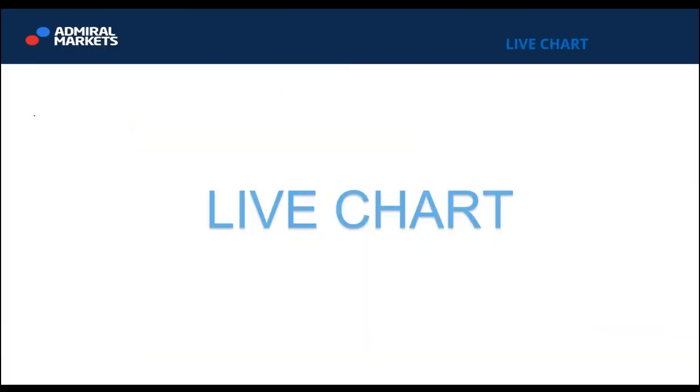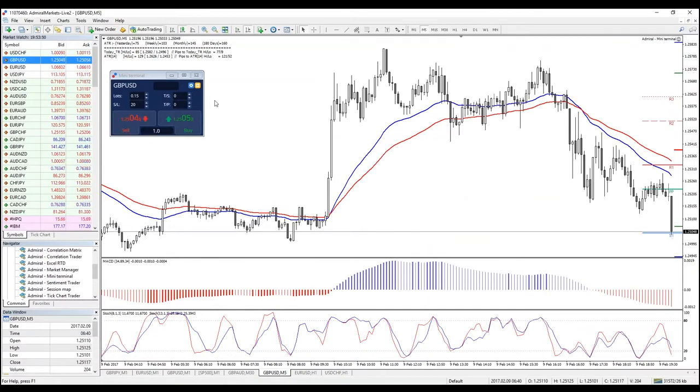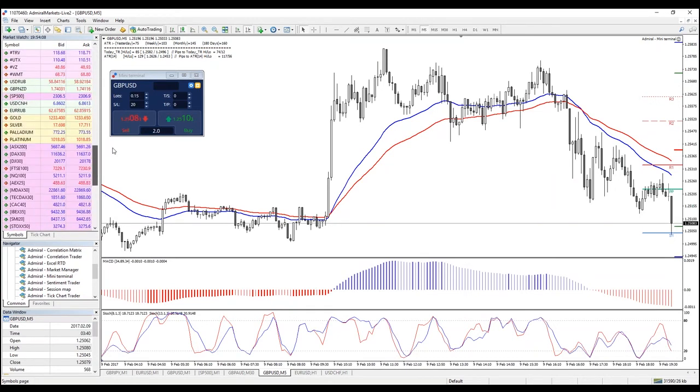Now on a live chart, I also want to show you how you can use the benefits of trading these low spreads. I have another live account with Admiral here, and this is the standard account that has everything here.